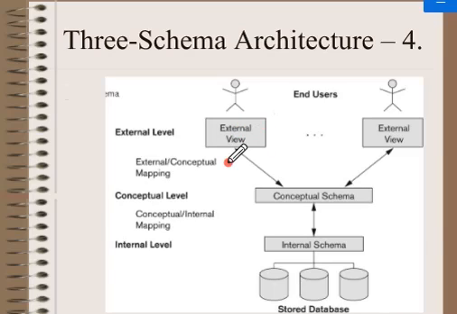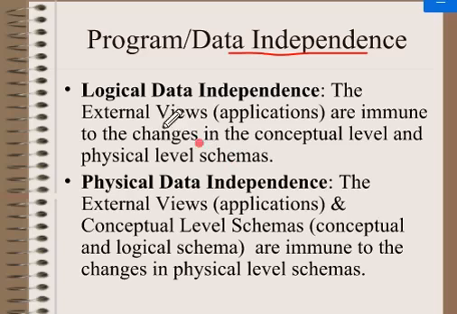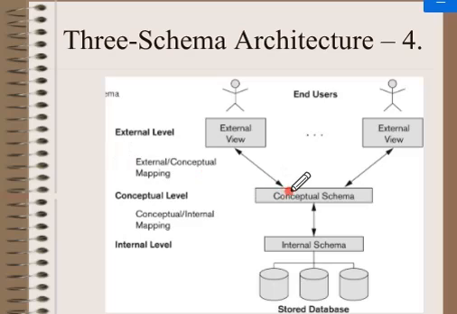So we have two types of data independence. One is logical data independence, another is physical data independence. What is logical data independence? Logical data independence is the capacity to change the conceptual schema without having to change the external schema or application program.